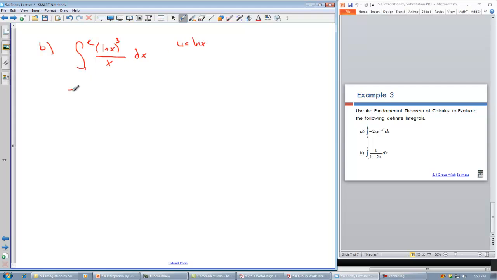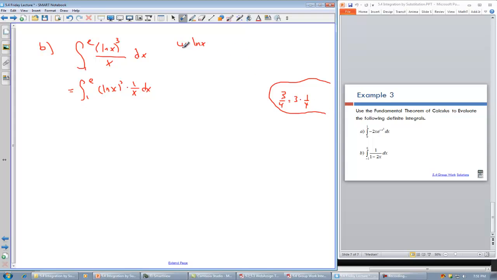So if you think about this, you can rewrite this and see that this is actually (ln x) cubed times 1 over x dx. We did this before. Remember, like if you have 3/4, you can write this as 3 times 1/4. It's the same thing.